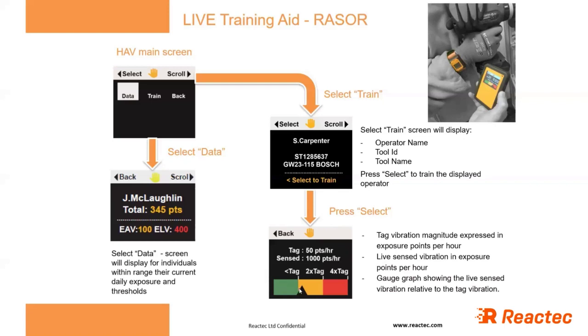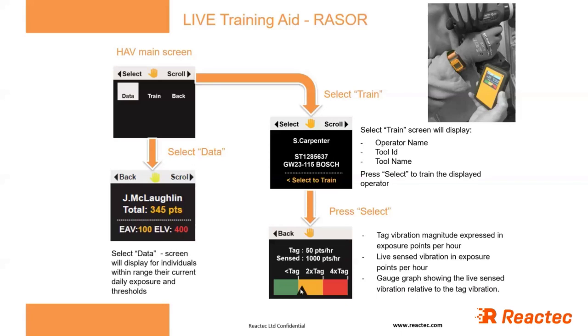Also, there's a traffic light display to basically show you the extent to which you're above or below the tag value. And this display wouldn't be available if no tag has been used, but the sensed vibration points per hour is always available for you to see. So it isn't essential for there to be a tag read, but it's a good reference point if you have a basis of what you think the vibration magnitude for the tool will be.